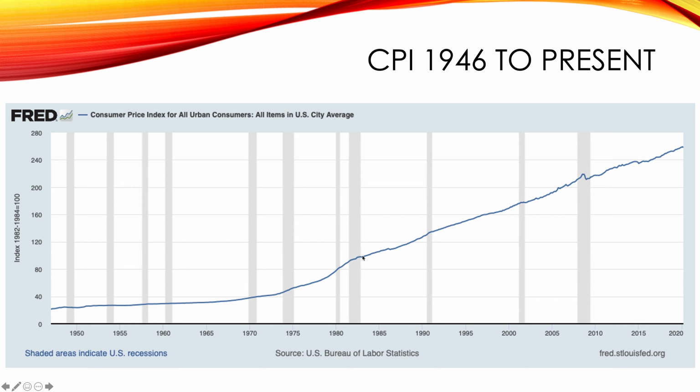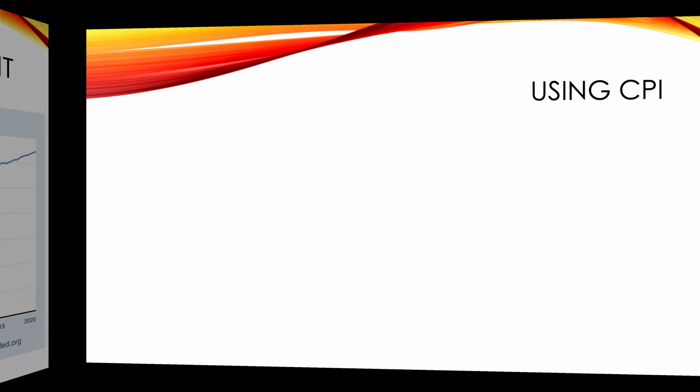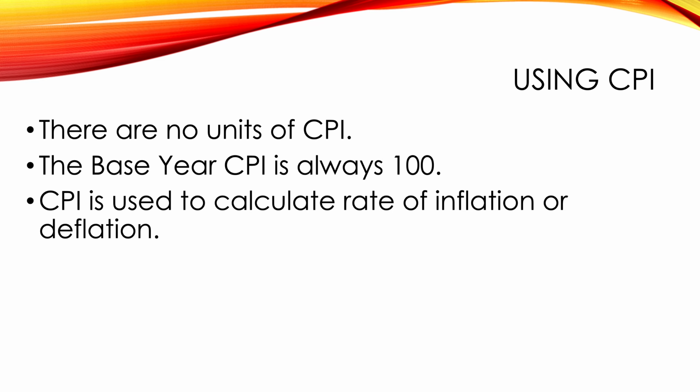And if you were to look right there in that range, that would be about 100. So before the base year, the price level was lower than 100, and after the base year, prices are higher than 100. And in the base year, the CPI is exactly 100. So when we use the CPI, we're using it to calculate rates of inflation or deflation.